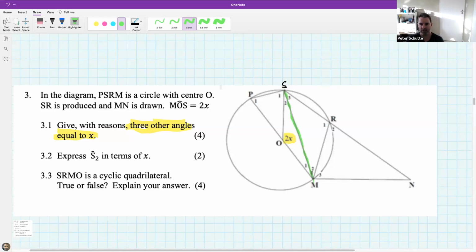What angle does the chord MS make at the center? I think the chord MS makes the angle 2x at the center, but it makes the angle P1 at the circumference.